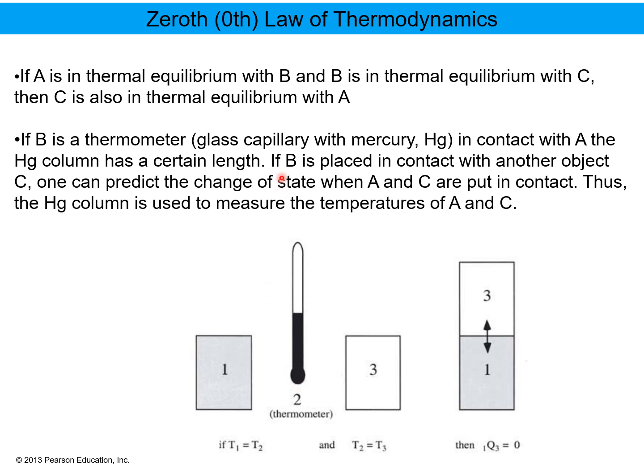Same thing, if we put B in contact with C, we can also see the change of the length in the thermometer. To summarize, this mercury column can be used to measure the temperatures of A and C. And if the temperature for both is the same, then Q is equal to 0, where there is no transfer of energy. It means it is at equilibrium.